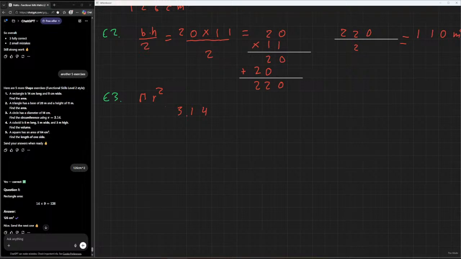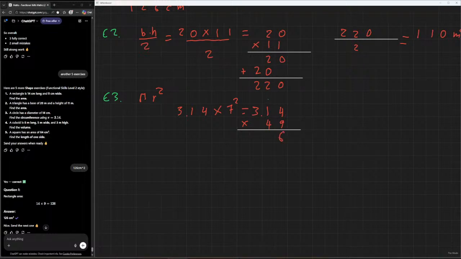I think it's half of the 14, so it's like this. And when it's like this, 7 times 7 is 49. So that becomes 49 times, yeah.